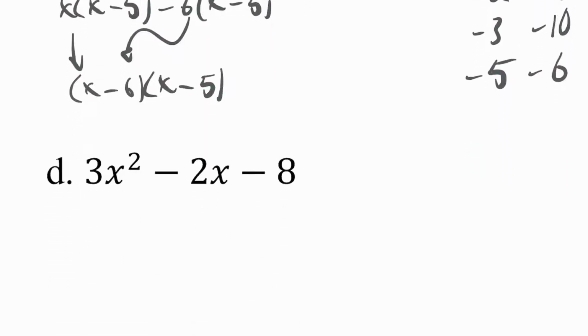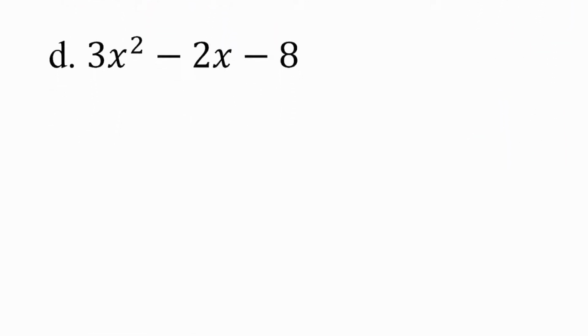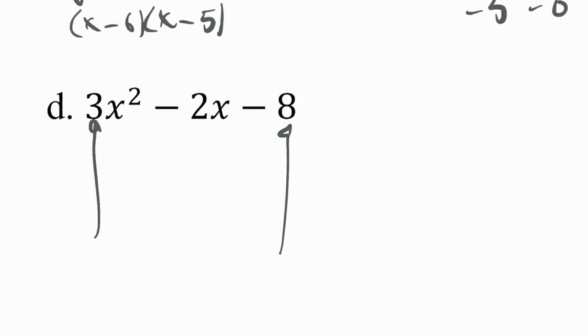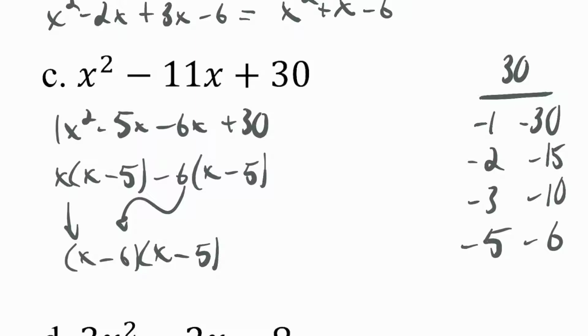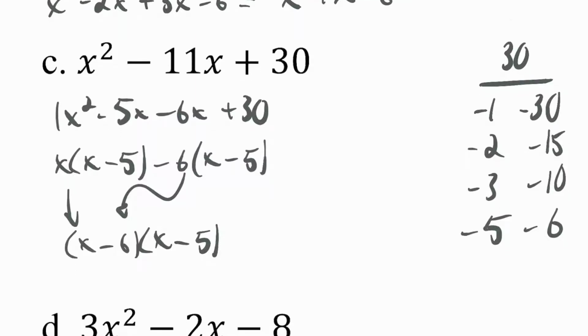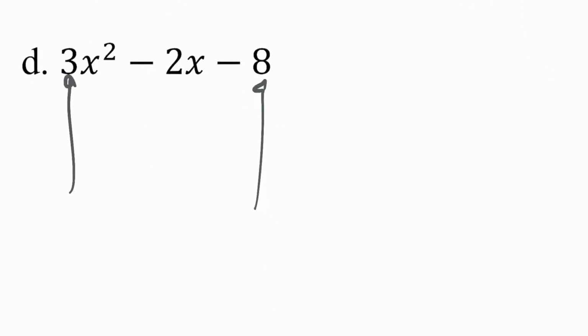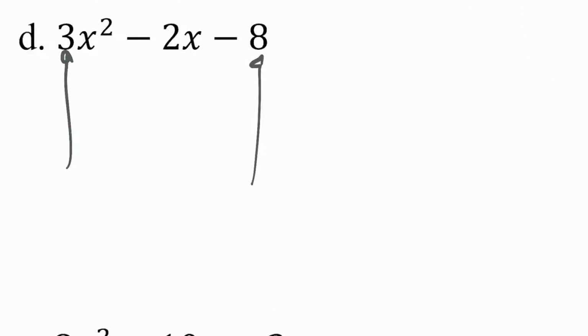Okay. Next one. Now, this is where things get a little bit harder because we have a 3, not a 1. In the previous examples, there is something we could do that saves us a little bit of effort, but it doesn't work here. So I was using the AC method the entire time because now we kind of need it.